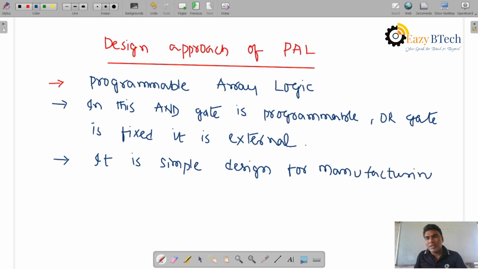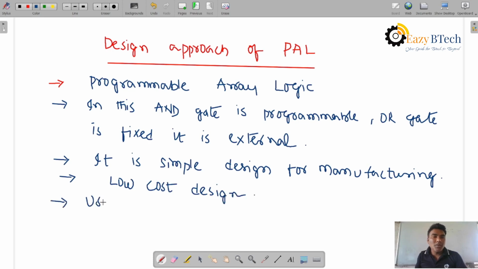PLDs are advancing semiconductor trends. The simplest design also means low cost, so it is a low cost design.